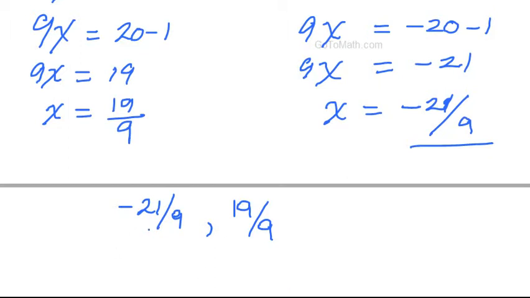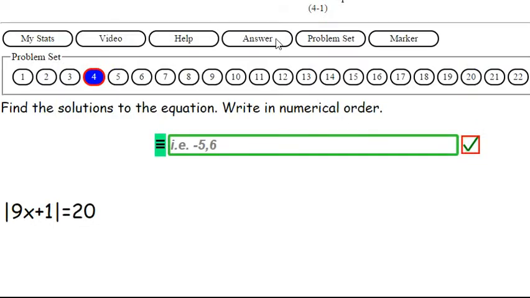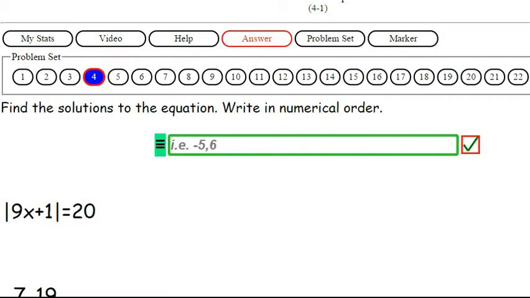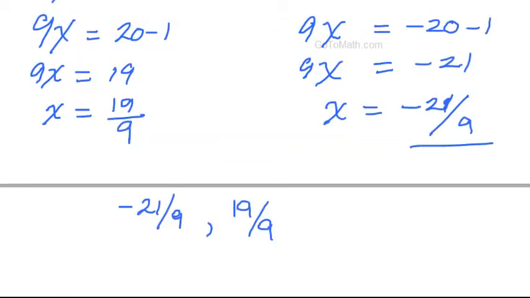All right, negative 21 over 9, 19 over 9. Can we reduce that? I don't know. Whoa. Oh, you know what? Negative 7 over 3, 19 over 9. Did I not simplify something down? Yeah. I think I said you can't simplify that down, but now I see it.